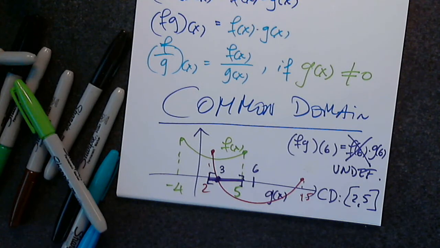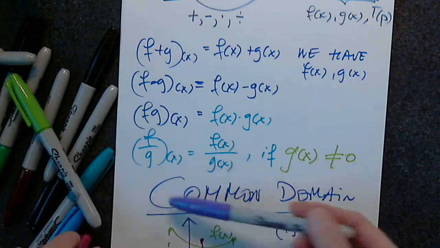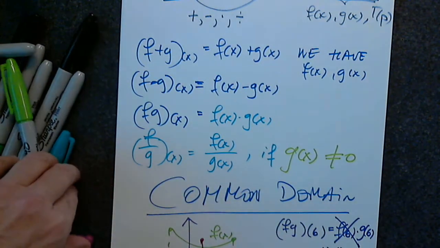But I will not be able to determine the ratio at which point? When x equals 0? That's 3. When x equals 3, because g of x, which is in the denominator, will be 0. Okay? So we cannot determine these functions before we make sure that there is a common domain.